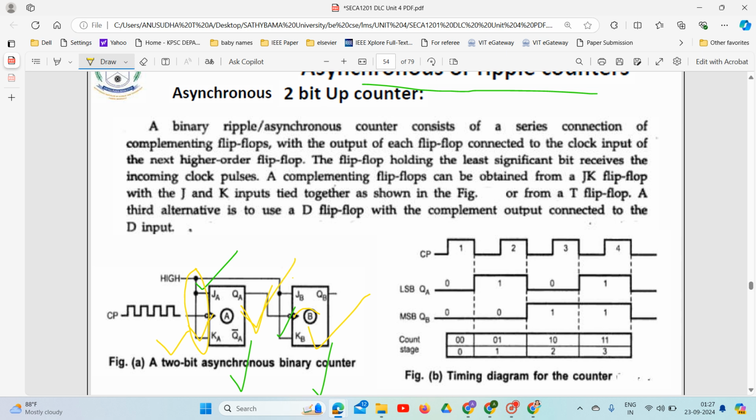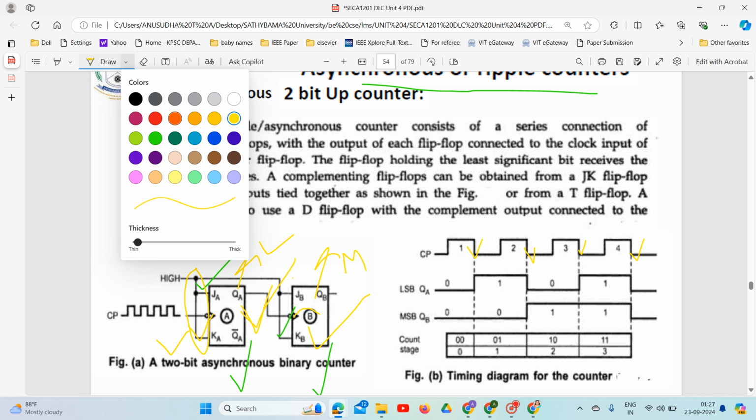As it works on the negative edge of the clock, it is the falling edge of the clock. At the falling edge of the clock, QA is your LSB and QB is your MSB.